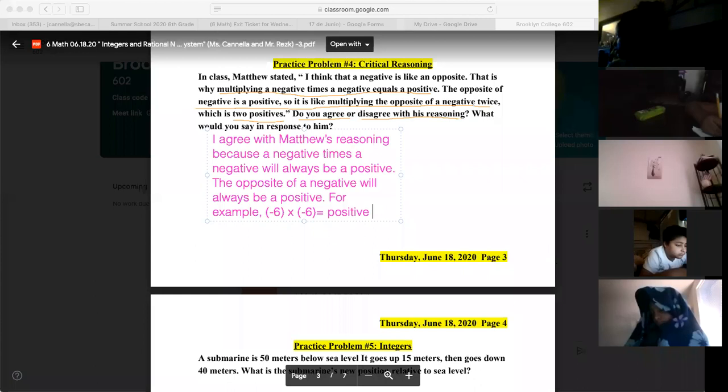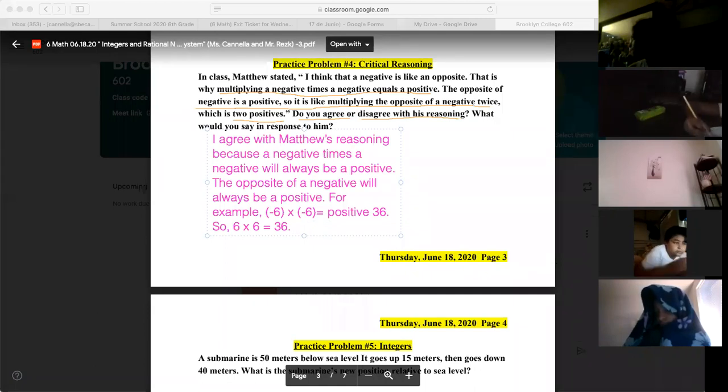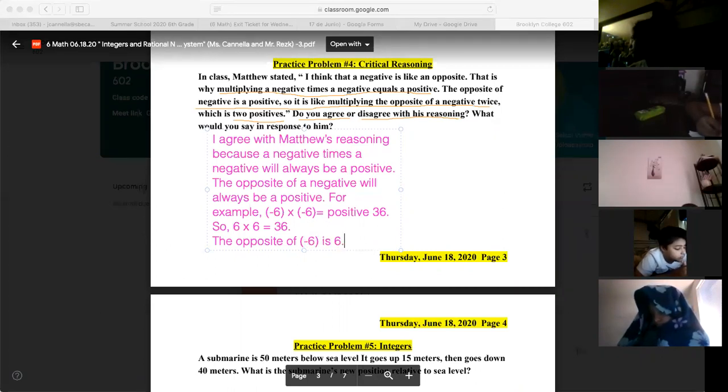So, the opposite of negative twice. So, 6 times 6 is also 36. Negative 6's opposite is 6. Okay, that's it. The opposite of negative 6 is 6.